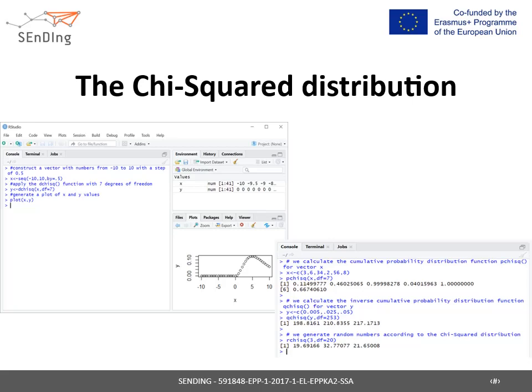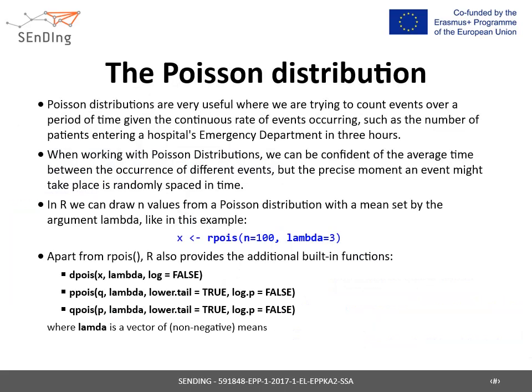Poisson distributions are very useful where we are trying to count events over a period of time given the continuous rate of events occurring, such as the number of patients entering a hospital's emergency department in 3 hours. Therefore, we can think of this type of distribution as the probability of the number of times an event is likely to occur within a certain time frame.